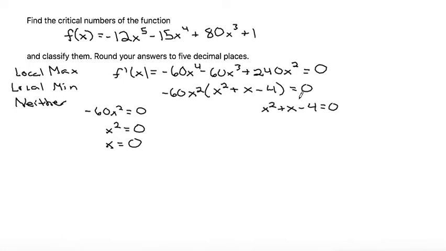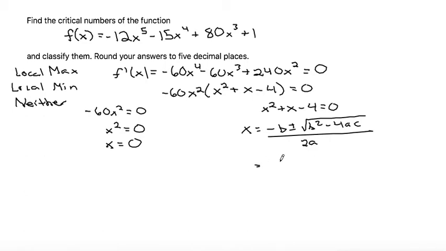To solve this quadratic, since it's unfactorable, we use the quadratic formula: x is equal to negative b plus or minus the square root of b squared minus 4ac all over 2a.